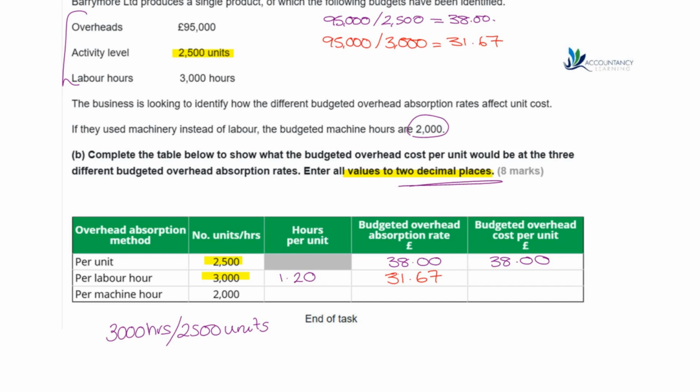Now, the budgeted overhead cost per unit is not going to be the same as the overhead absorption rate like it was in our per unit basis, because there's 1.2 hours of labour per unit. So what we first of all need to do is multiply the overhead absorption rate that we've just calculated by 1.2 to give us the overhead cost per unit, which still turns out to be £38.